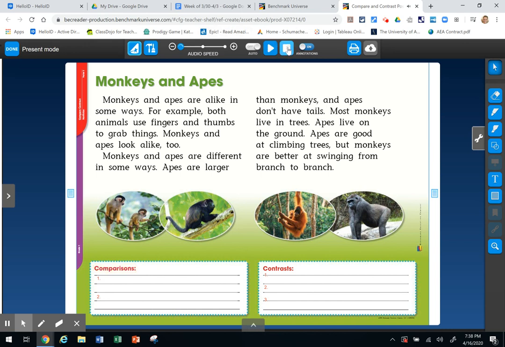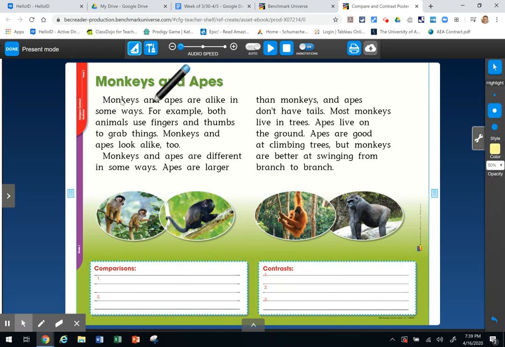Comparisons. All right, so the first paragraph here talks about how monkeys and apes are similar or the same. Okay, so we're going to type out those in the comparisons. Now, there's a couple signal words. Remember signal words from yesterday. They help you to identify whether the author is comparing two things or contrasting.